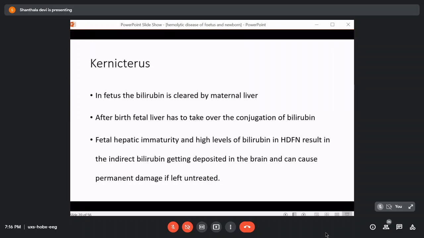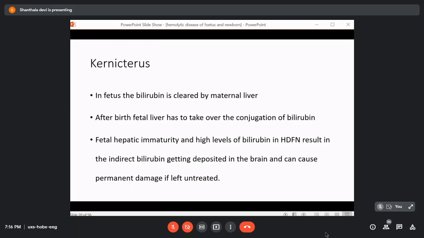What is kernicterus? In the fetus, bilirubin is cleared by the maternal liver. After birth, the neonatal liver has to take over the conjugation of the bilirubin. However, the liver is immature and it is unable to handle these high levels of bilirubin. This results in indirect bilirubin, which is not water soluble, and it crosses the blood-brain barrier.